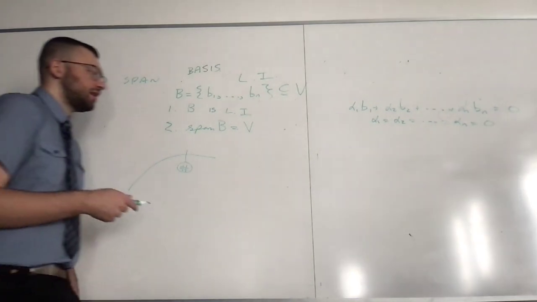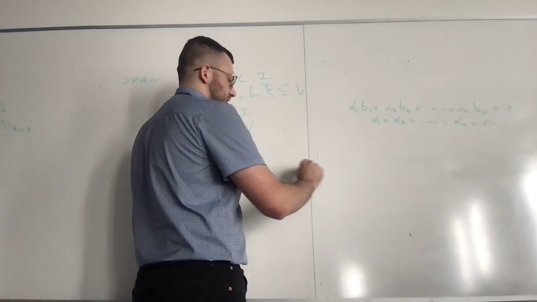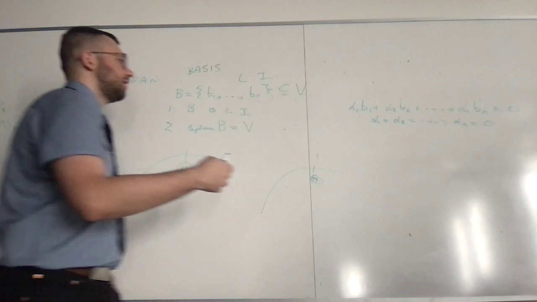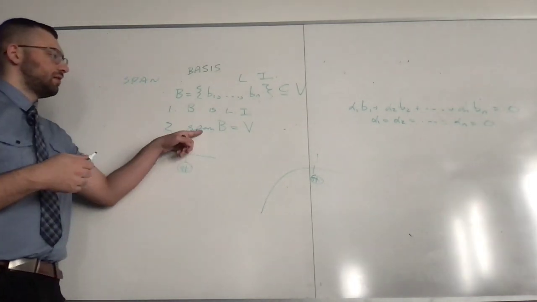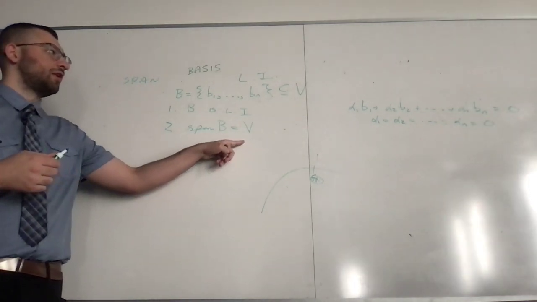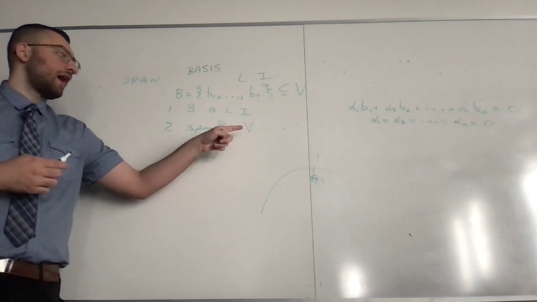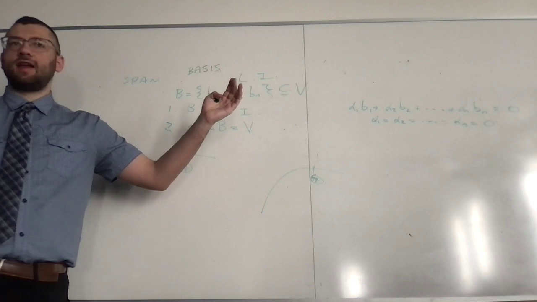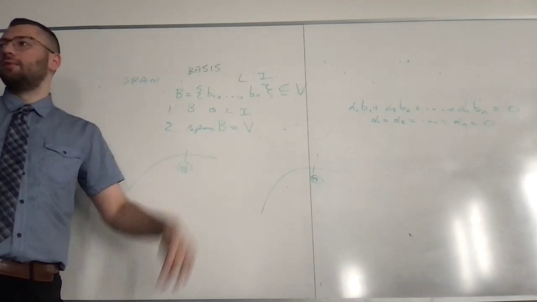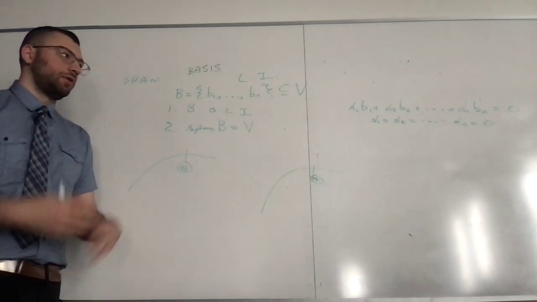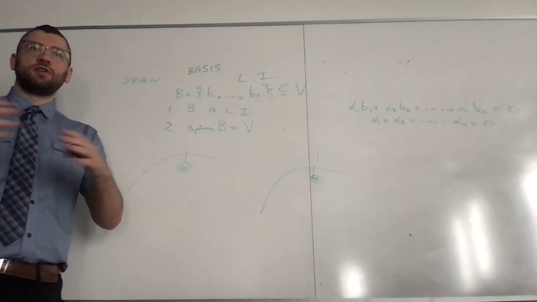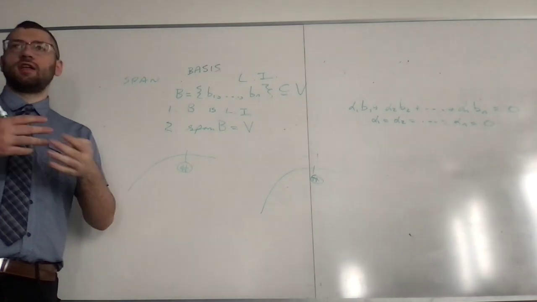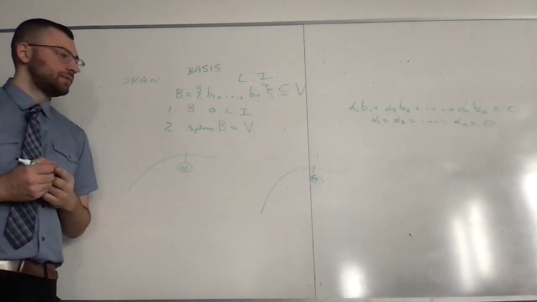We had the same idea with span. As you add vectors to a set, eventually the span of those vectors will equal the entire vector space. After that, if you keep adding vectors, it already reaches the whole space, so adding more vectors isn't going to change that it already spans everything.